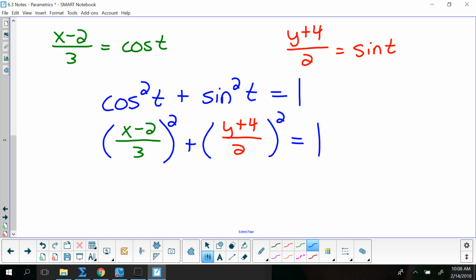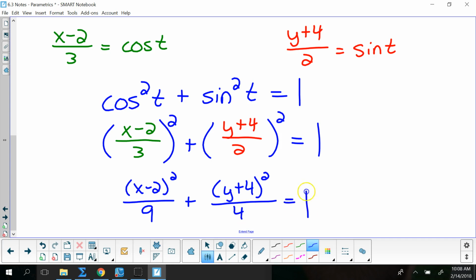Now, you guys don't have a lot of experience with conic sections, but this is the algebraic form of an ellipse written out like that. Okay? Because it's algebra, now I've got to think oppositely when I'm thinking of my center. So that's why my center is at +2, -4.